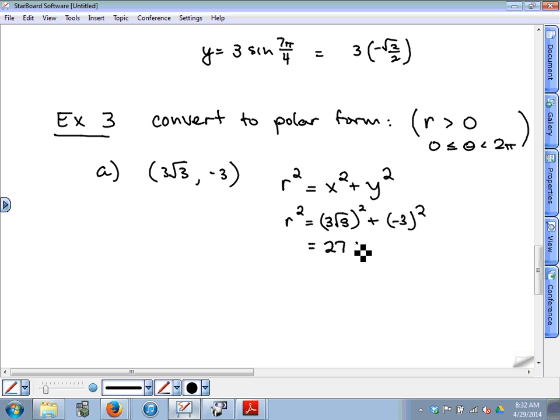So this is 27 plus 9. So r squared is 36. Well, this turned out nice. Wow, we got lucky. So r equals 6.